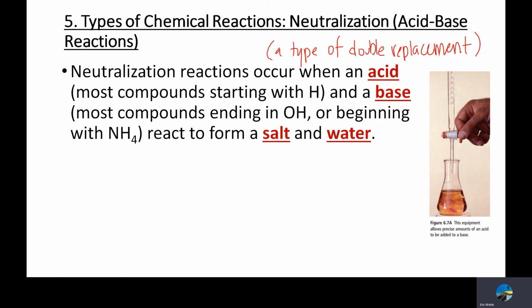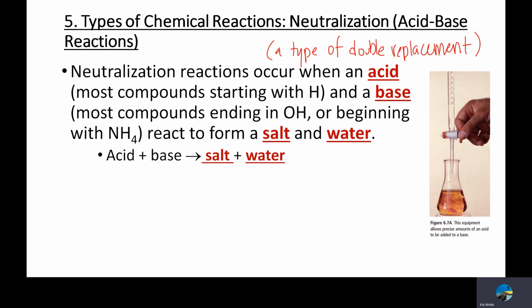These acids and bases react together. That hydrogen and that hydroxide will react together, form water, and it will also form a salt. So our acid plus a base react together to form salt and water. When we see salt, it's not always going to be table salt.